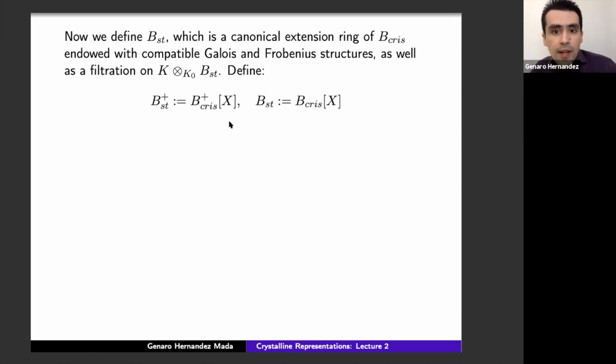And now we have a new definition, which sounds not too complicated. But we will see in a moment what the other definition for B ST is. Okay. So yeah, let me stop for 10 minutes right now.